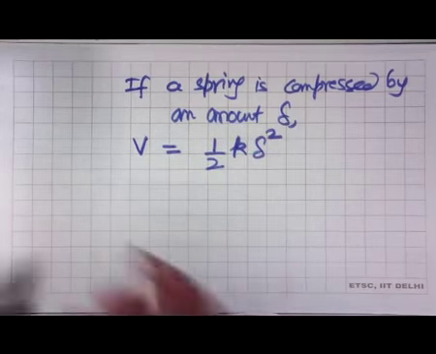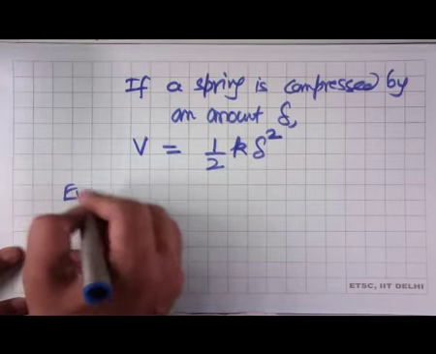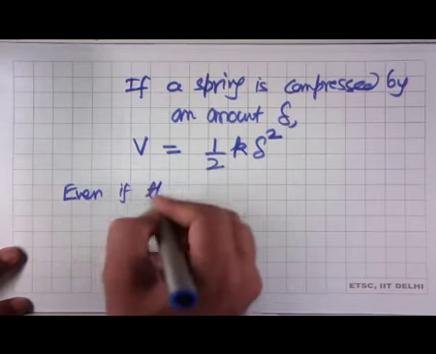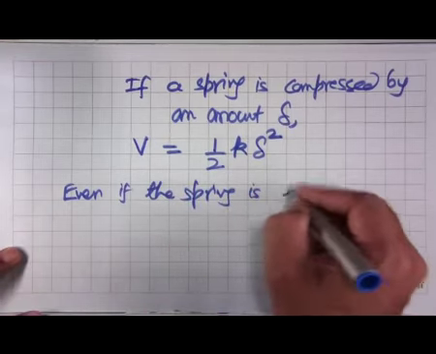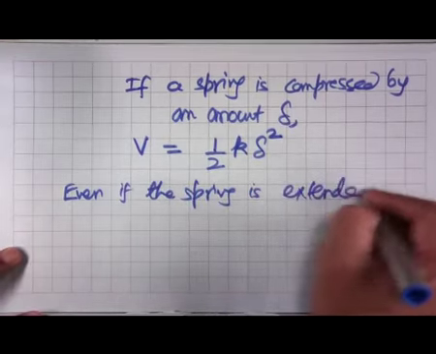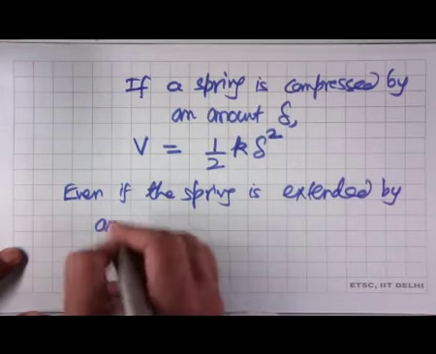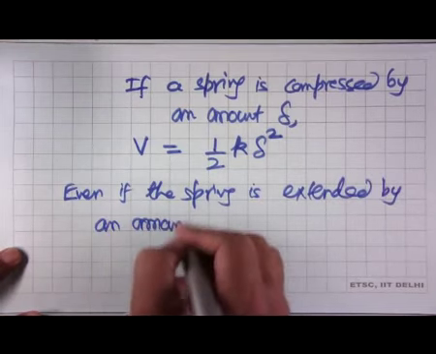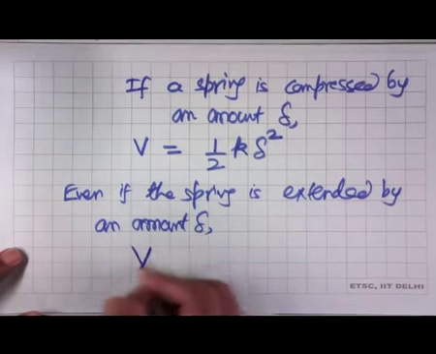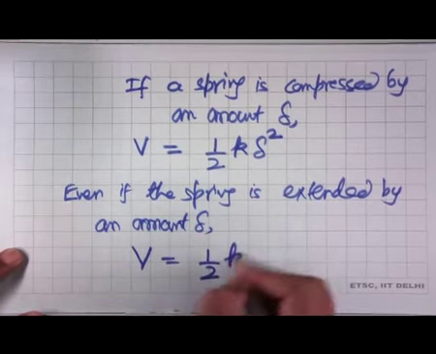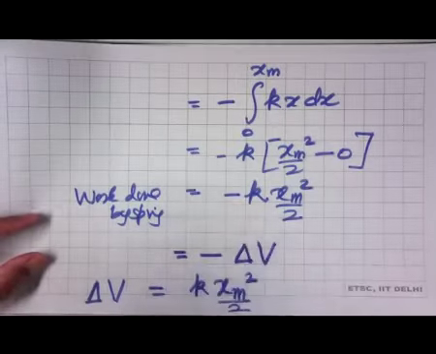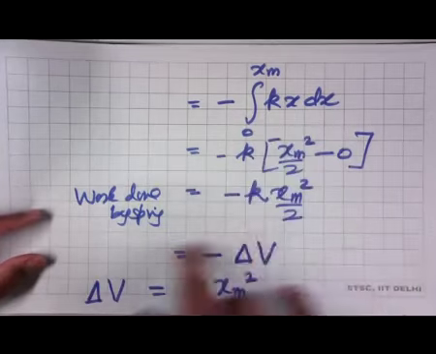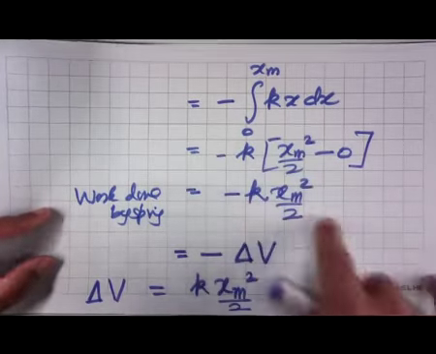And what we will realize is, even if the spring is extended by an amount delta, once again the potential energy of the spring will become equal to half k delta square, because the spring force acts in the opposite direction, and this same thing happens, minus k xm square by 2.